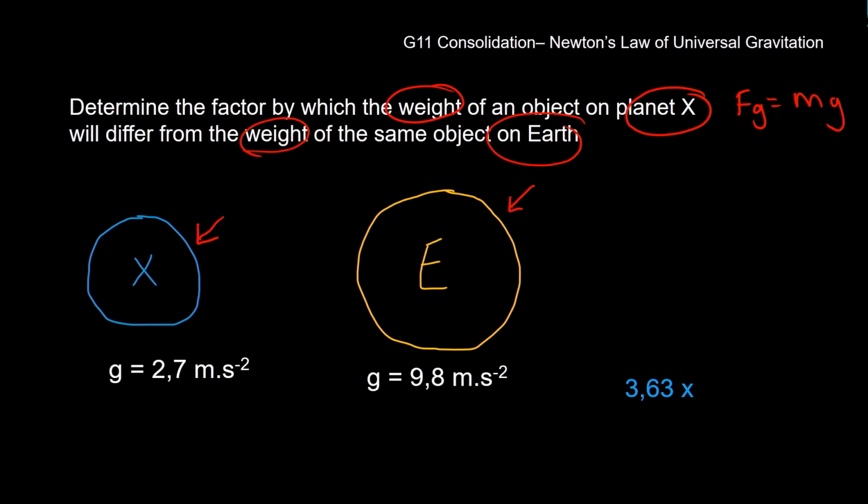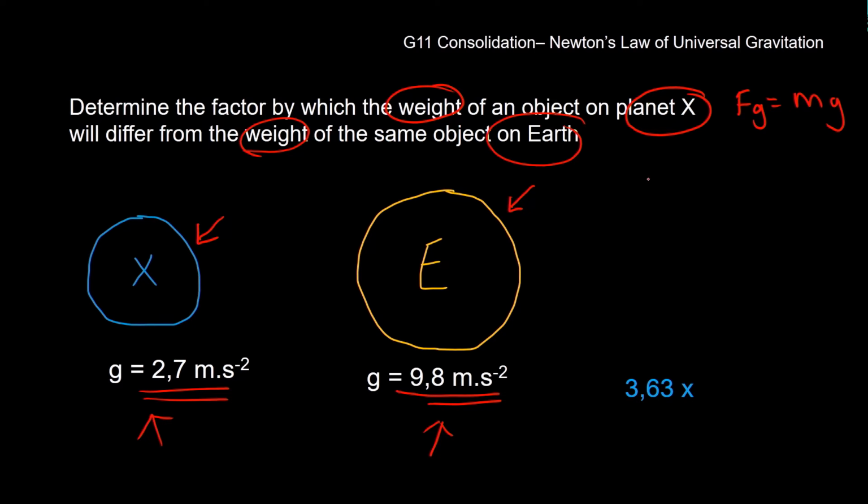We can see that our gravitational acceleration is also less on planet X compared to that of Earth. So I've drawn planet X smaller than planet Earth. I don't have mass to compare, so I can only really compare the gravitational acceleration.